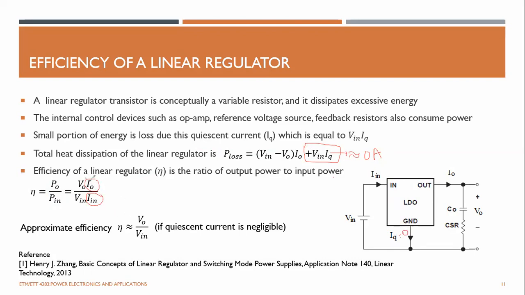So these two parts get cancelled. You can take the approximation that the efficiency is simply the ratio of output voltage to input voltage, assuming the quiescent current is very low. But that is valid for well-designed linear regulators when the quiescent current is very small. I hope this concept is clear for you.